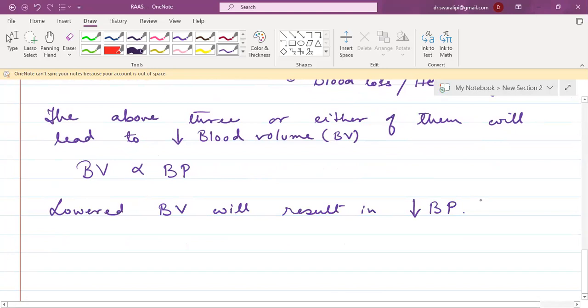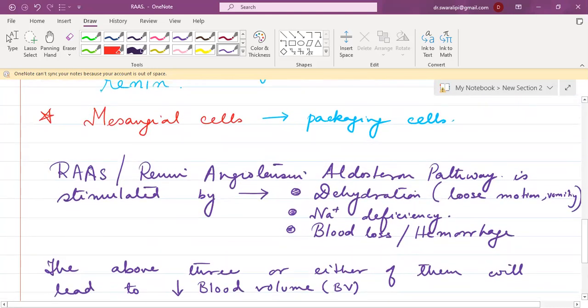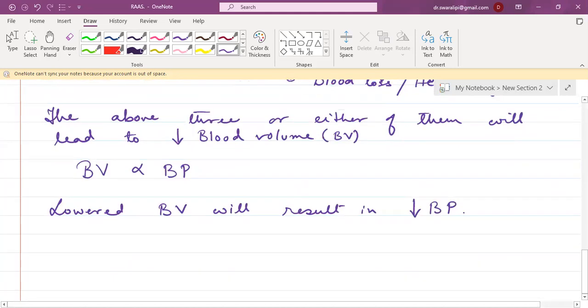How? If there is a decrease in sodium level, a decrease of water concentration, or huge blood loss, first and foremost the macula densa will perceive this, and then this information will be sent to the juxtaglomerular cells, and they will get stimulated.